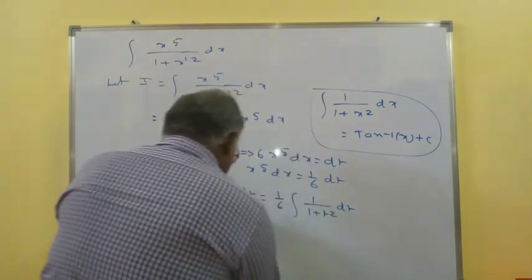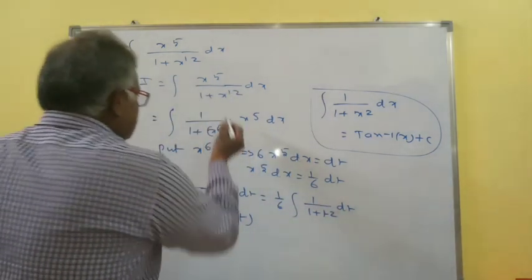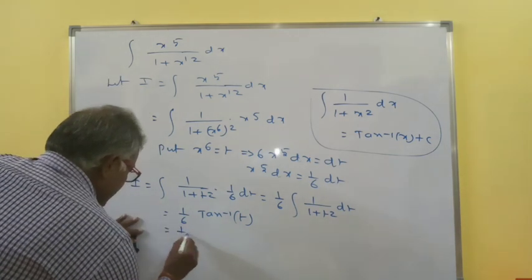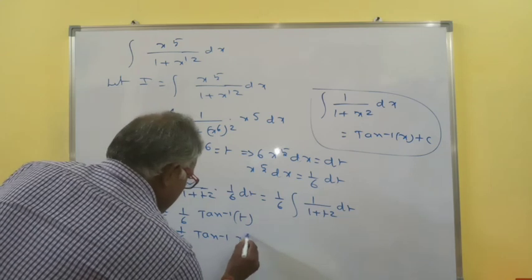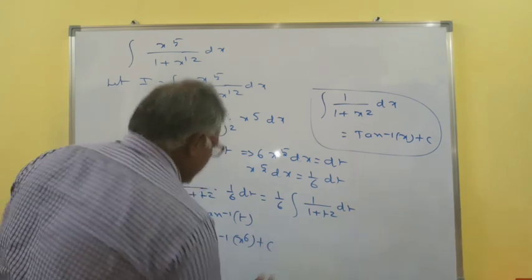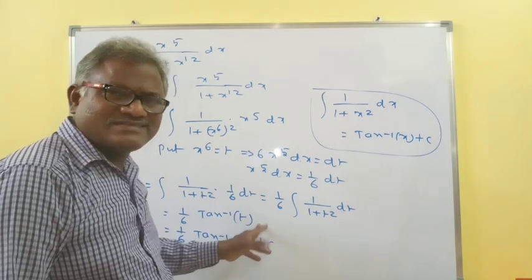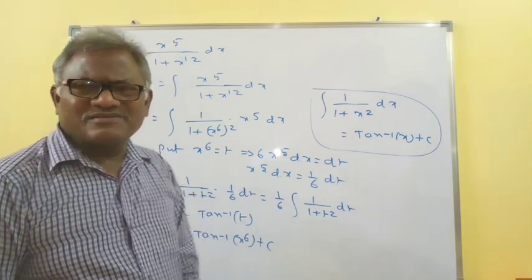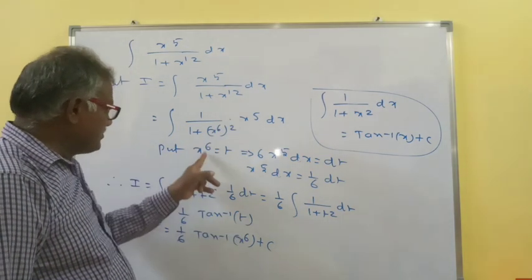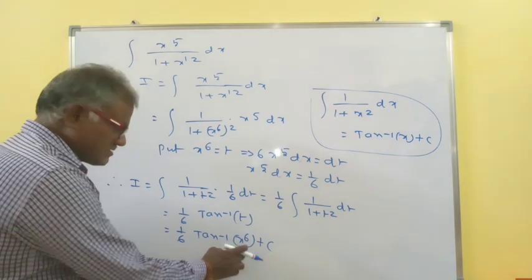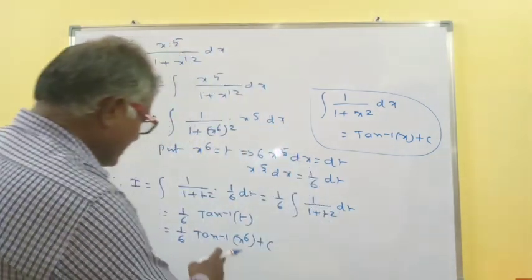The final answer is, since t means x power 6, 1 by 6 tan inverse x power 6. Don't forget this last step. If you end before it, half a mark will be deducted. Remember that t means x power 6. Only after that is the problem completed, so don't forget this.